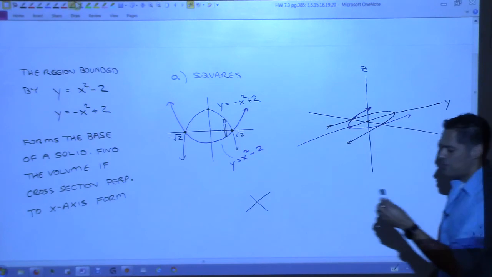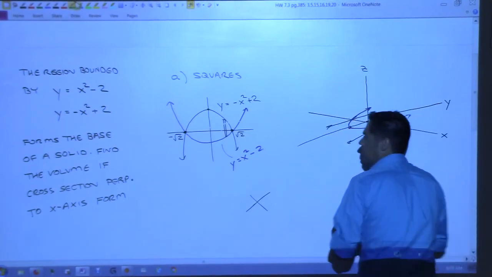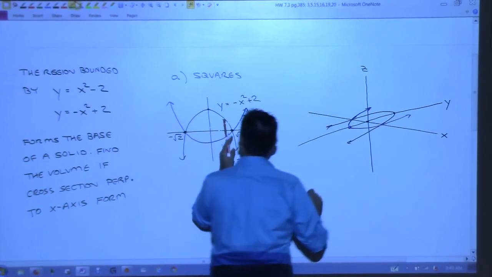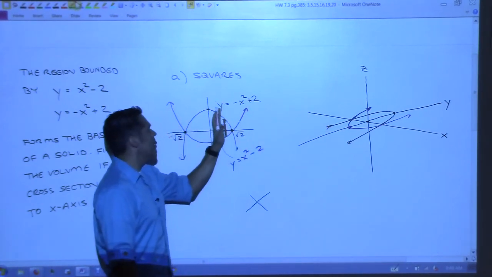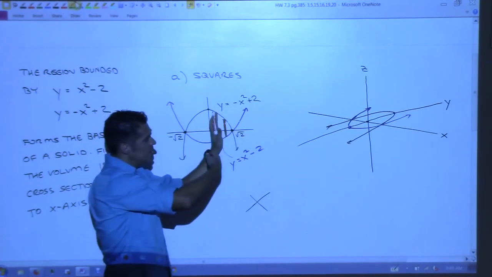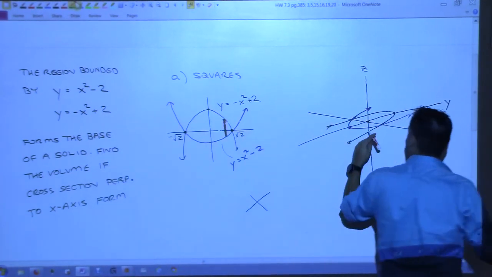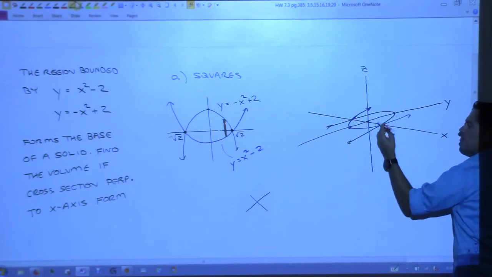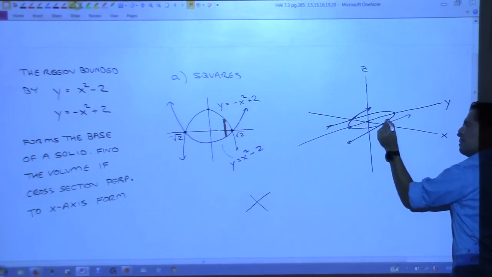Now when I take this cross-section sliver, which I'll highlight in red now, I'm perpendicular to the x-axis, which means I'm parallel to the y-axis. So over here, if I'm parallel to the y-axis, I've got to be parallel to this. So my cut looks like that.